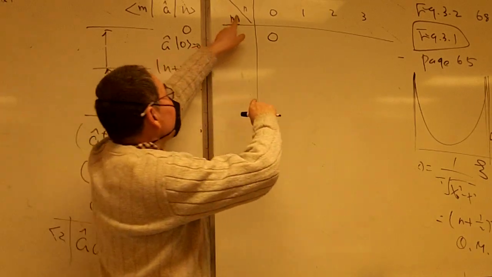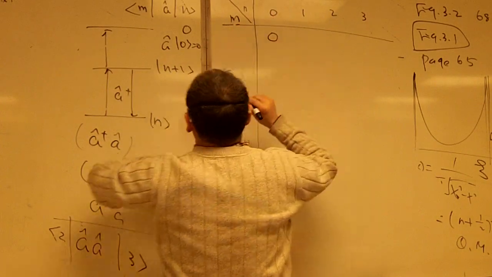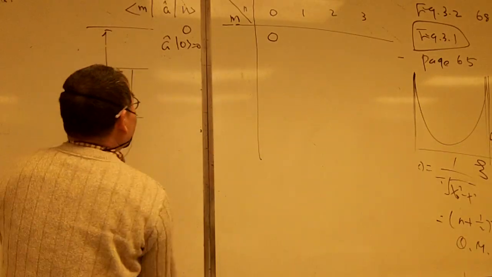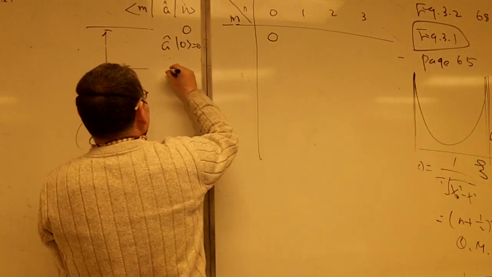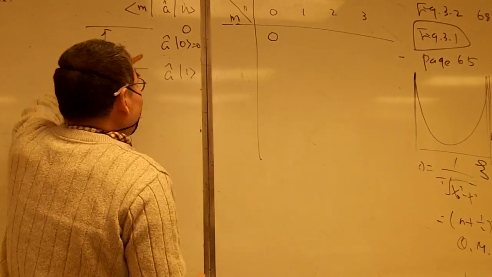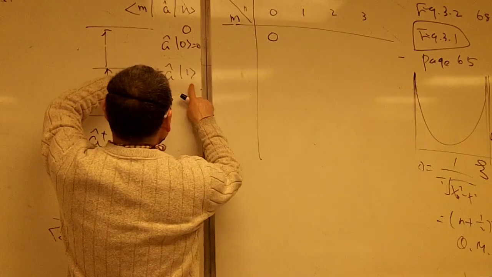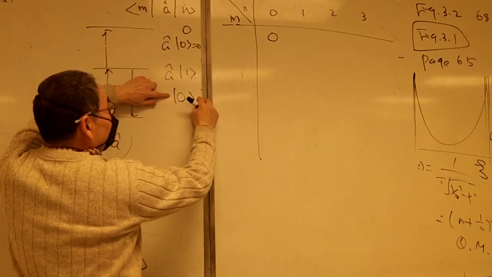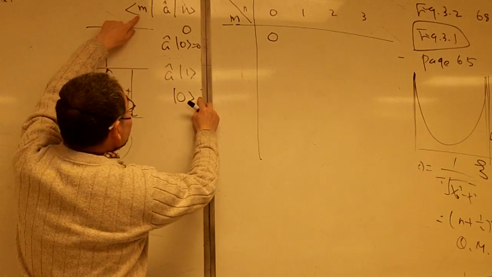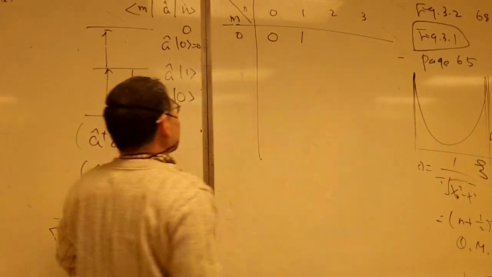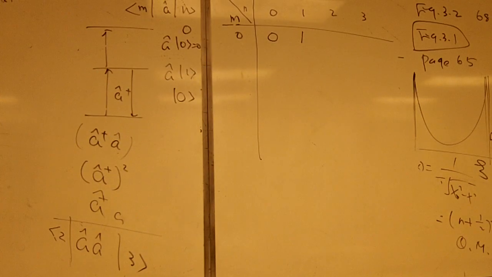Now let's apply it to 1. Applied to 1, this gives me the 0 state, not 0 itself. If my m equals 0, this will give me a value of 1. Does it make sense to you?